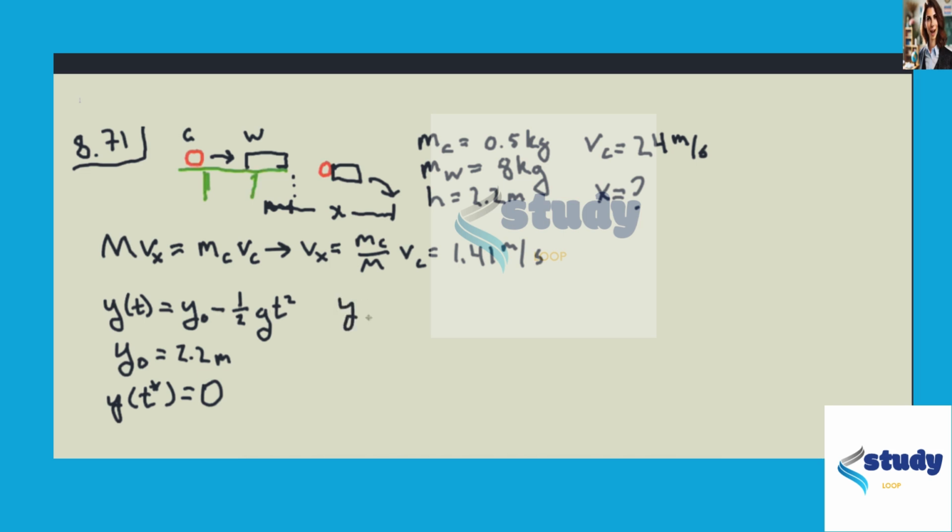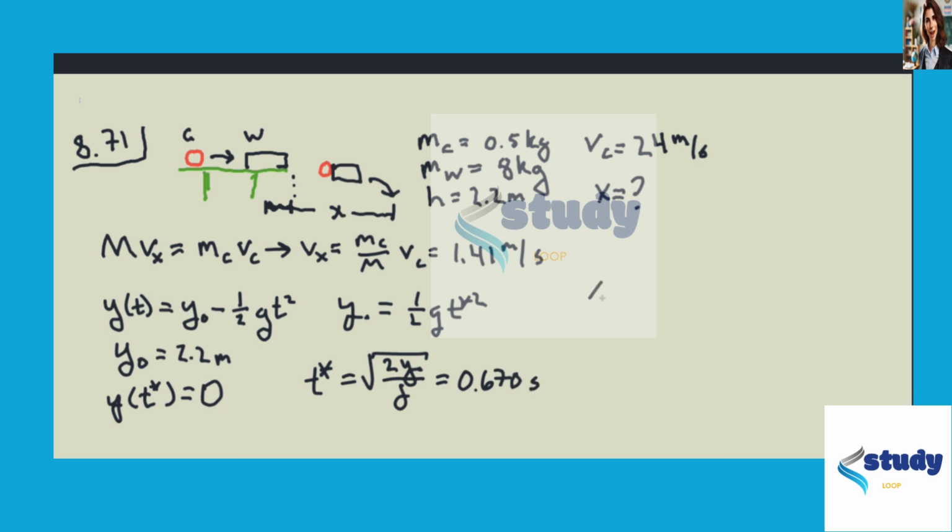So we have y naught equals 1/2 g t star squared. So then t star is equal to the square root of 2 y naught divided by g. This is 0.670 seconds.